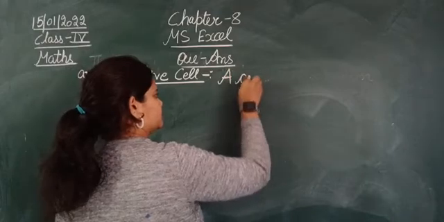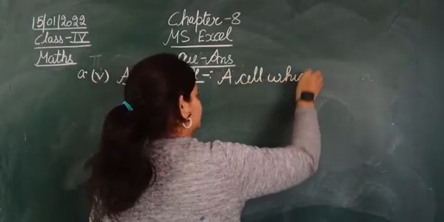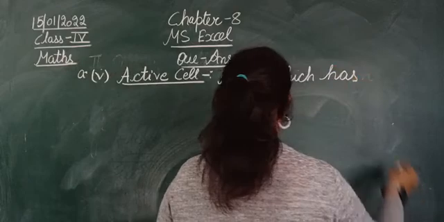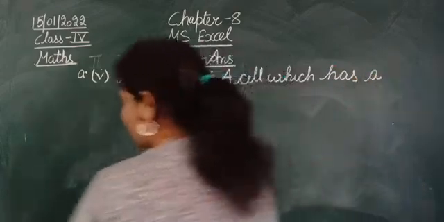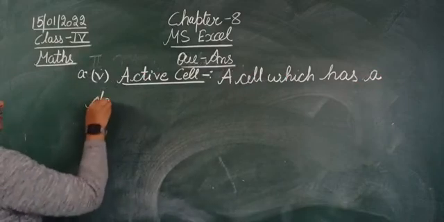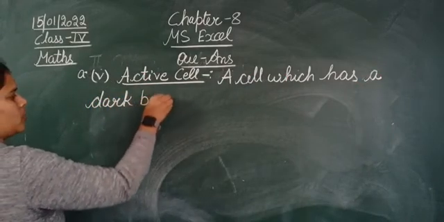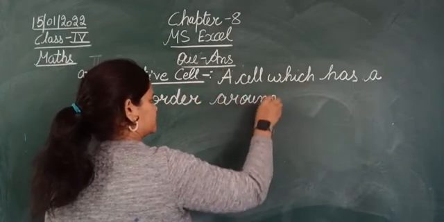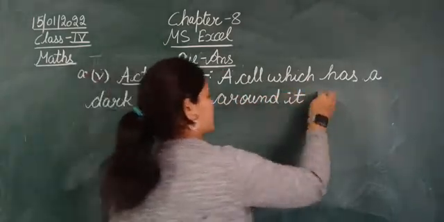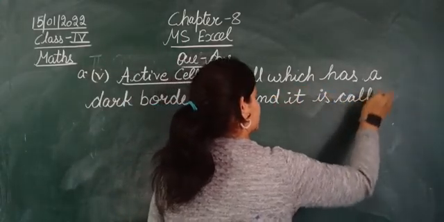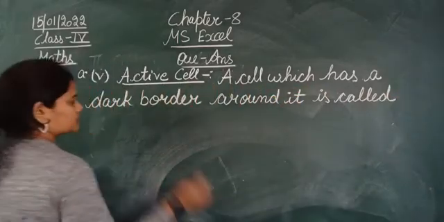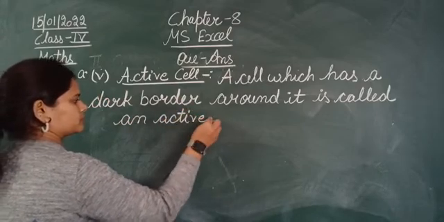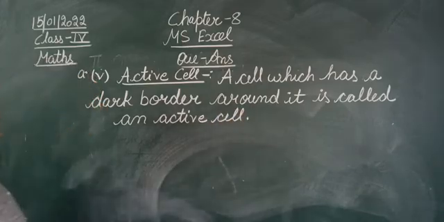A cell which has a dark border around it is called an active cell.